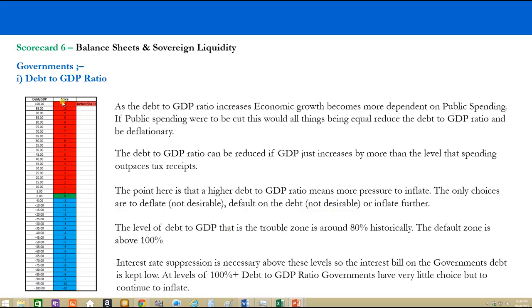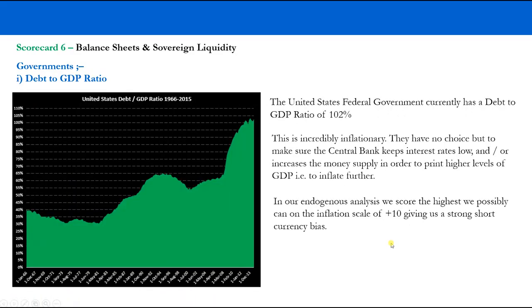Here, for the United States, we're right at the very top of the scale. So they're currently running a debt to GDP ratio of 102%, which is incredibly inflationary, and they basically have no choice but to make sure that the central bank keeps interest rates low and or increases the money supply in order to print higher levels of inflation and GDP in order to inflate further.